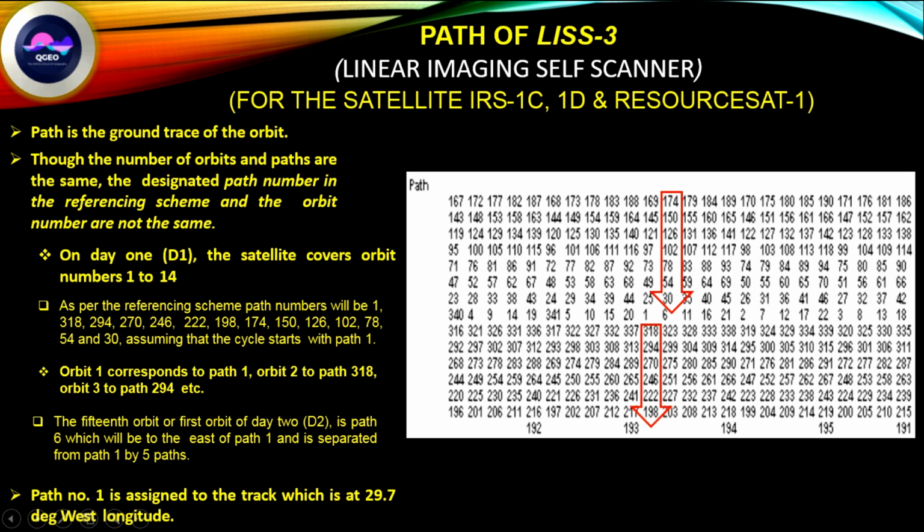Assuming that the cycle starts with path 1, these are the different path numbers, and orbit 1 corresponds to path 1, orbit 2 to path 318, orbit 3 to path 294, orbit 4 to path 270. In this manner the orbit numbers gradually correspond to different path numbers.